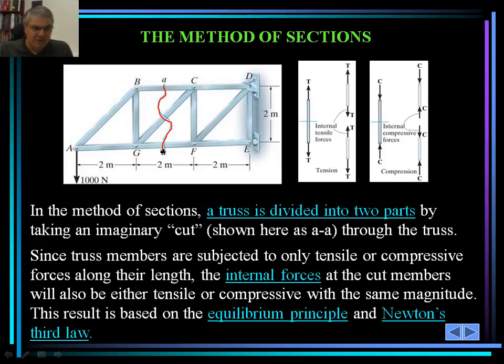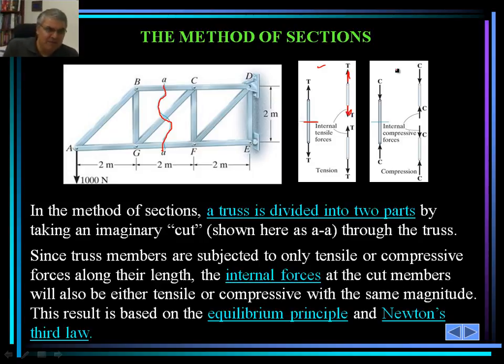If the member is in tension, as shown on this particular figure, then the forces are shown as such. And it's important to understand this type of analysis, because after we make the cut, you would see that we show the forces by two arrows applied at the end of the member. One is at the end of the member itself, the other one is at the end of the cut.